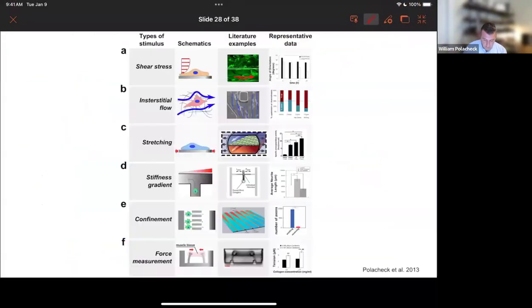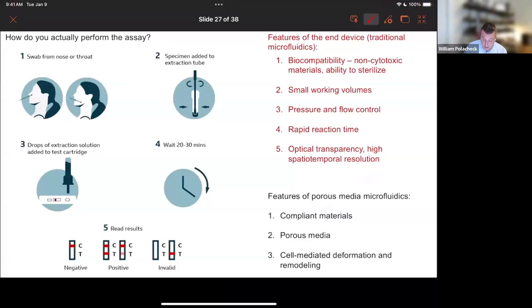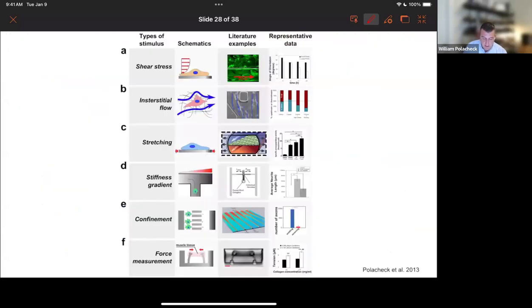With the integration of these two approaches, the hydrogel and the microfluidics, we get all of the benefits of microfluidics we discussed before, but also the features of hydrogels, which I'm sure Dr. Burdick will talk about on the next slide.